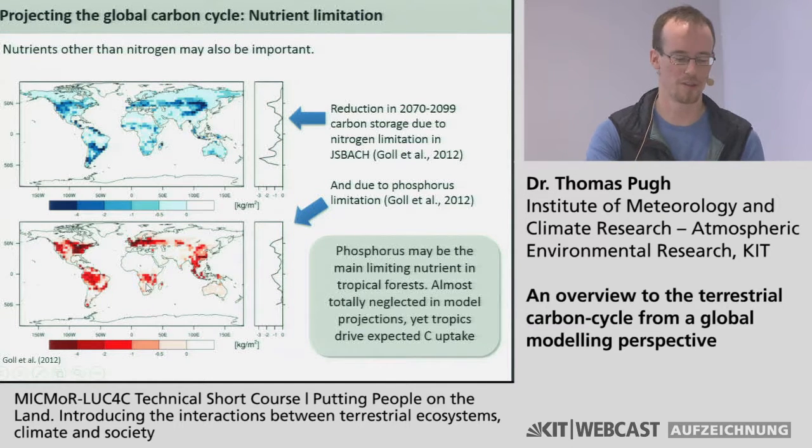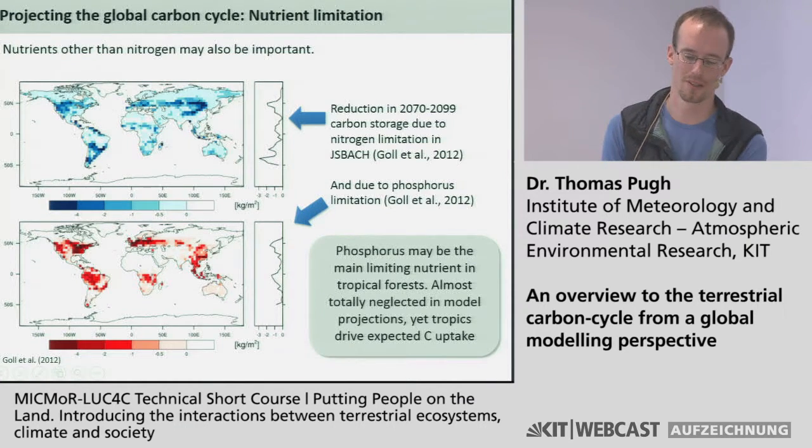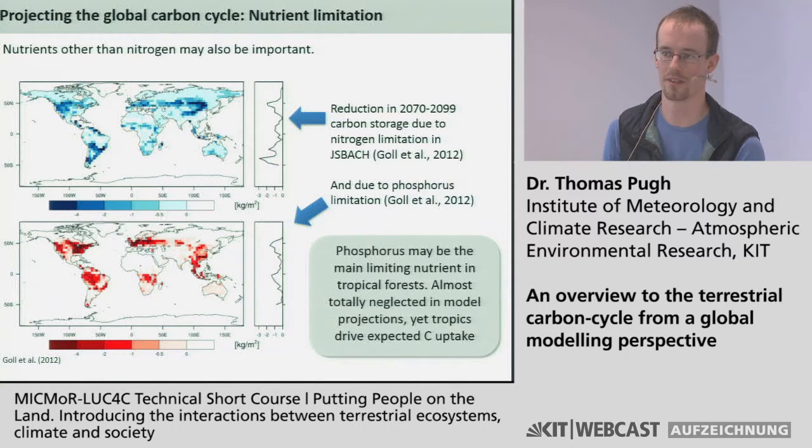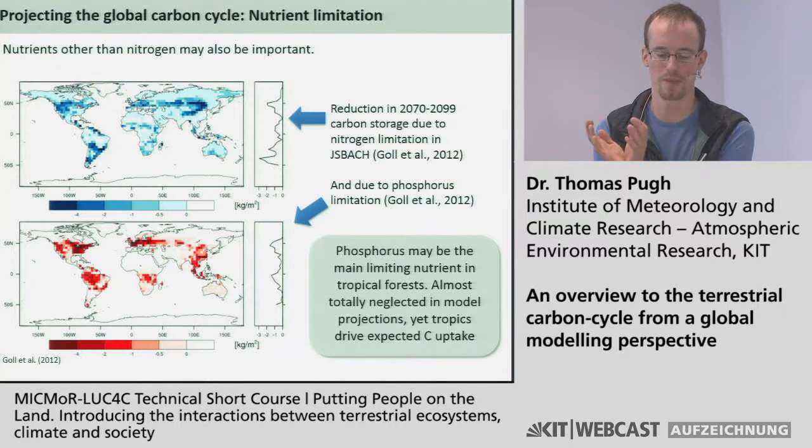But there's also quite a lot of limitation on the uptake of carbon, or the carbon stocks, in the tropics. And it's the tropics that are really the driver of most of the global carbon uptake in these models. And yet basically all the models but this one have neglected the effect of phosphorus cycling. And there is a lot of evidence that suggests that phosphorus could be the limiting nutrient in the tropics.